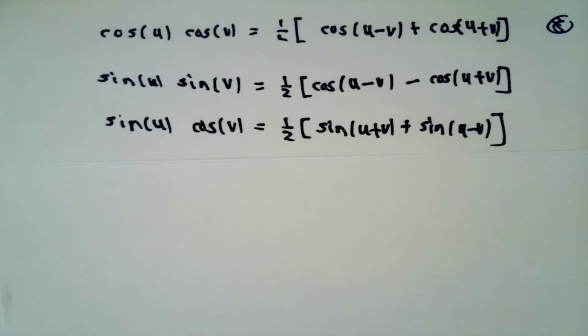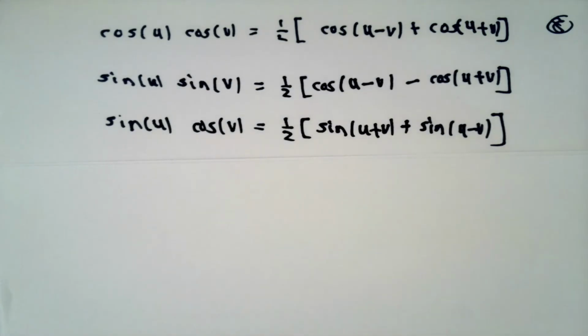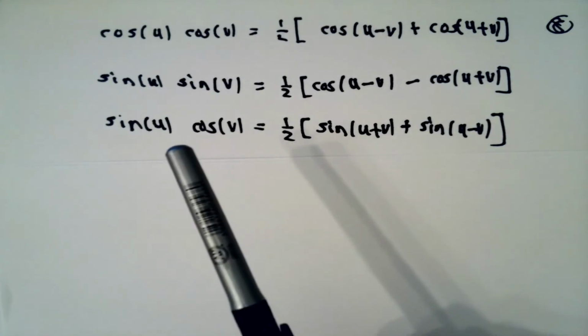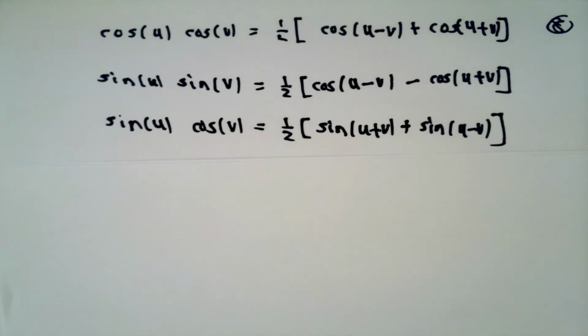If you go back and look at the review of trigonometry that we did, we derived several formulas. One of them was cosine u times cosine v is 1/2 times cosine u minus v plus cosine u plus v. The sine u sine v is 1/2 times cosine u minus v minus cosine u plus v.